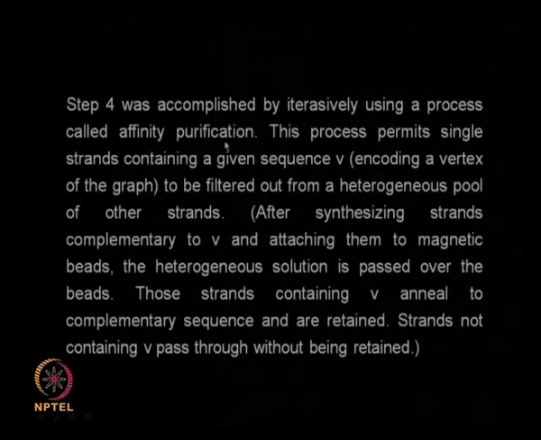The complement of vertex 1 is taken and attached to a glass bead. The whole solution is passed through that, and wherever the node 1 sequence attaches with the complement attached to the glass bead, the rest of them will be washed away, and these strands you collect after a little bit of heating.